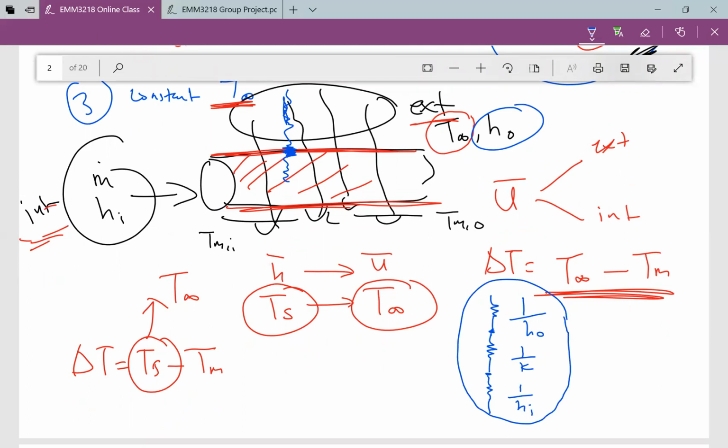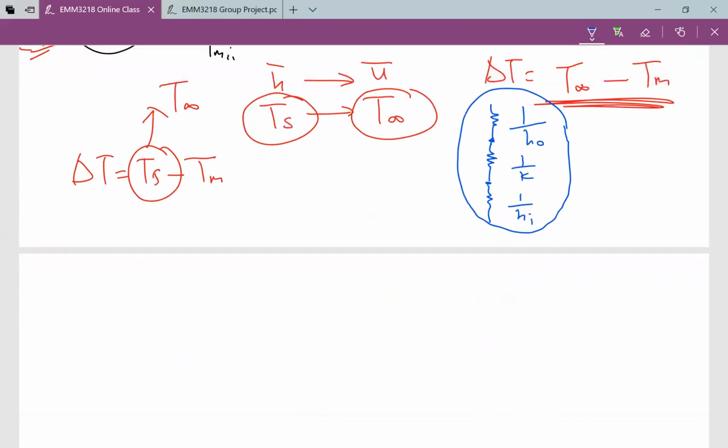Okay, so let's look at chapter 11, heat exchanger, because it is the continuation of this. Heat exchanger is sometimes just HX.